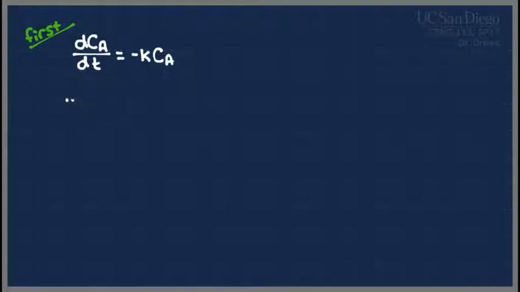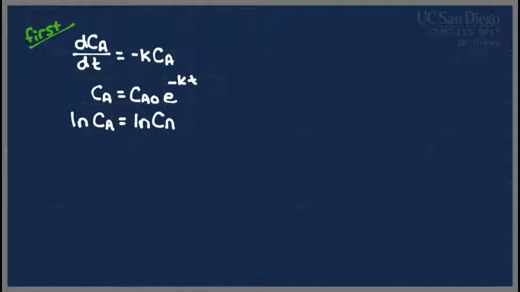If you wanted it nonlinear, it would look like Ca equals Ca0 e to the minus kt, and then you can linearize both sides by taking the log and get ln Ca equals ln Ca0 minus kt. So we already saw that expression before.